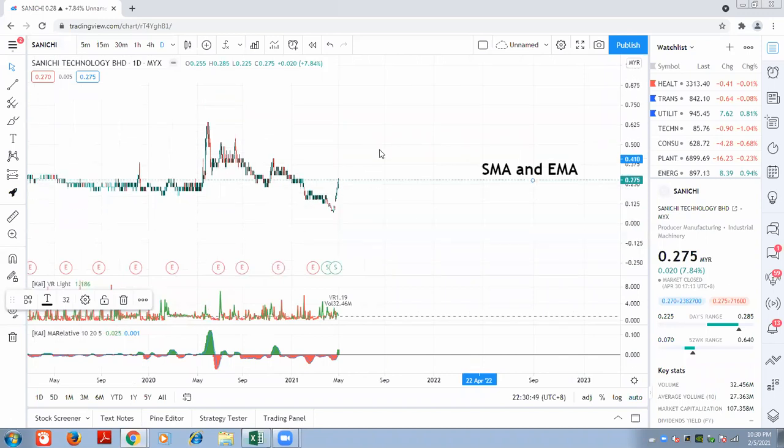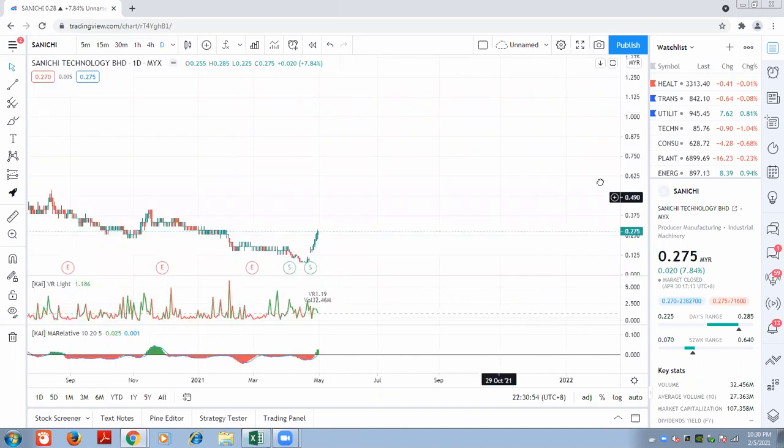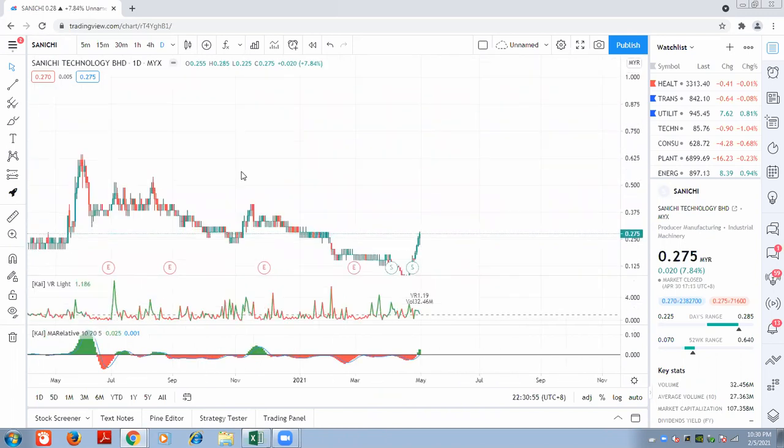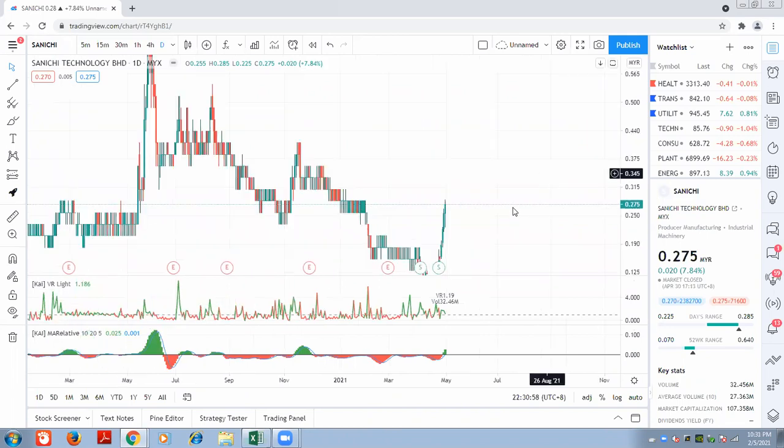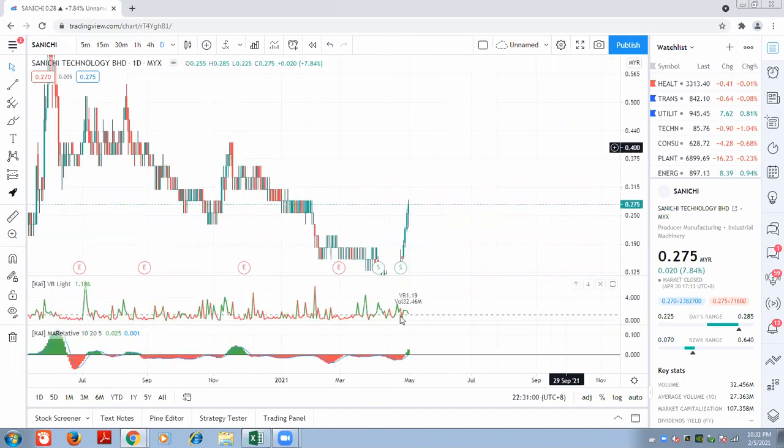When you understand the FIBO, you will evaluate the stock very easily.